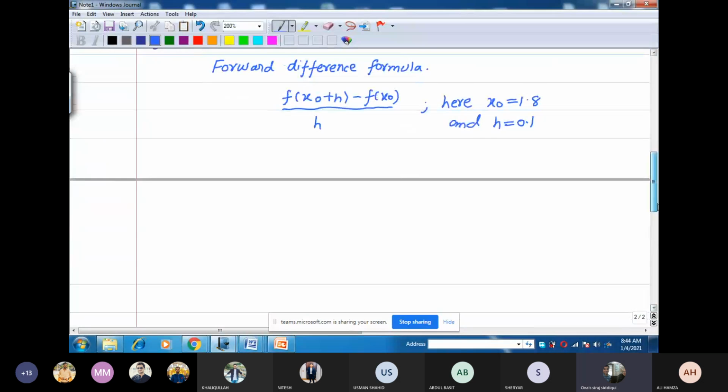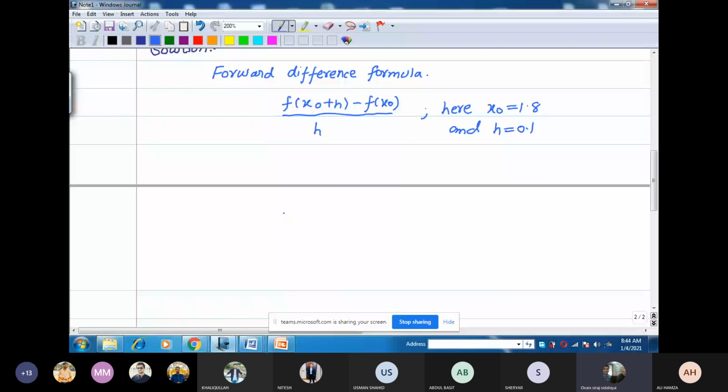So simply we have ln of 1.8 plus 0.1 minus ln 1.8 over 0.1.